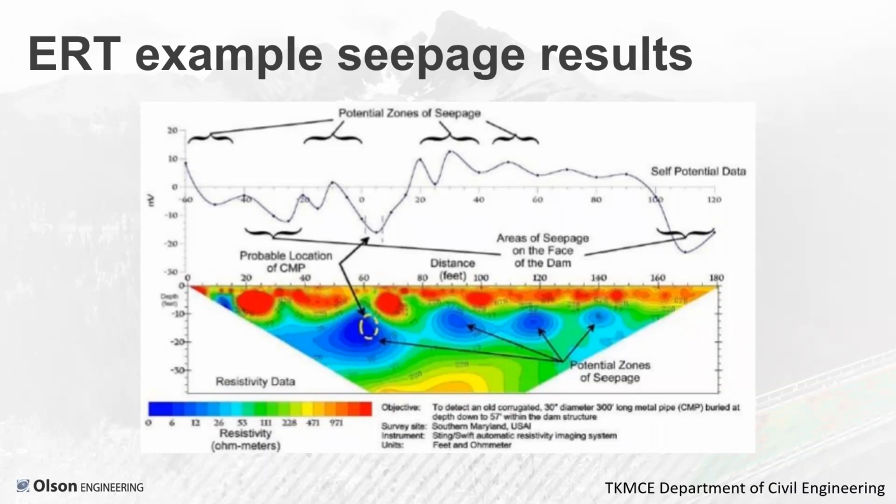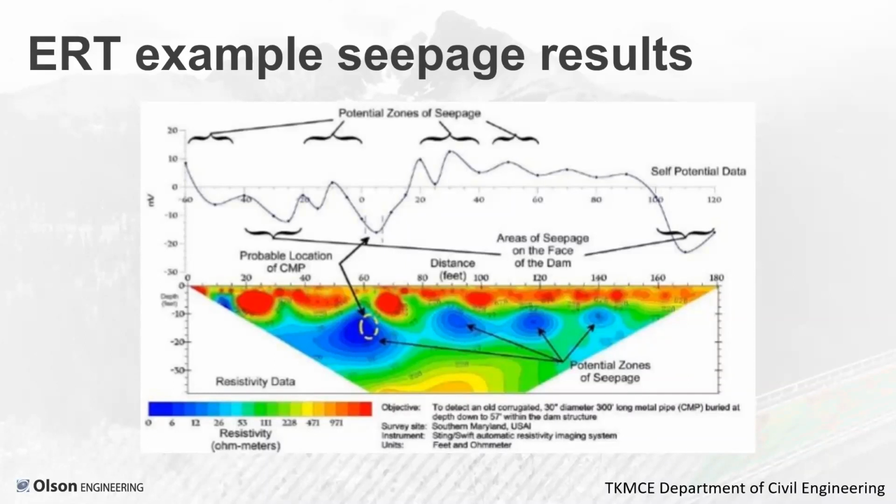But even if you aren't doing a quantitative SP analysis, you're just doing qualitative like we are here, where we're plotting the SP responses versus distance along the line, we can see how those correlate with subsurface anomalies in the resistivity data. And you can also collect both of these surveys with the same electrical resistivity tomography instruments.